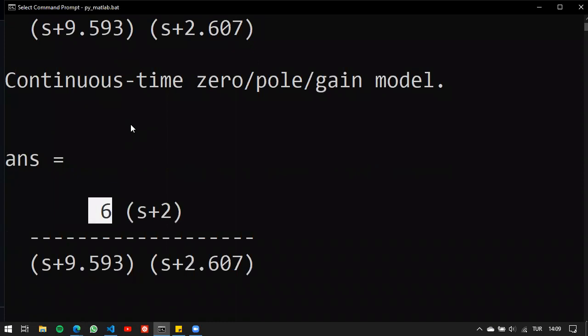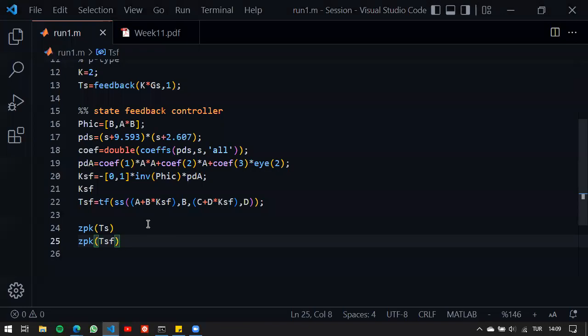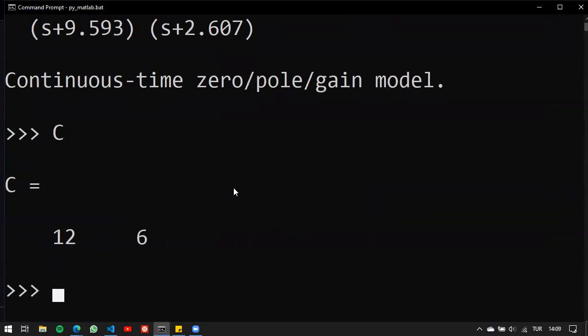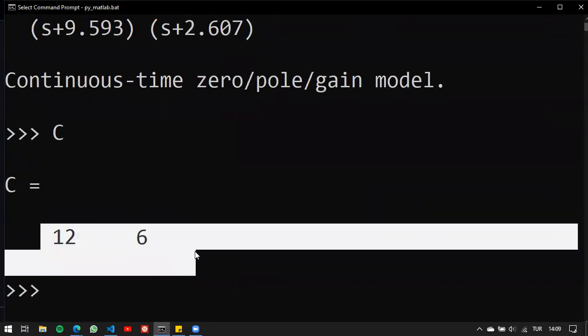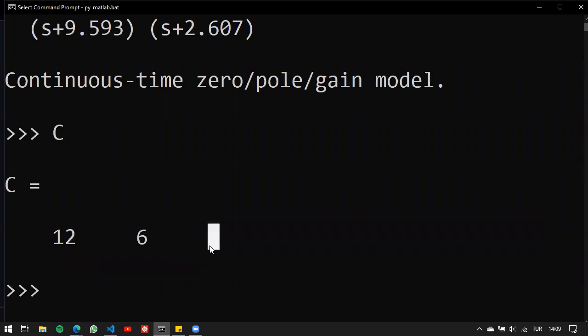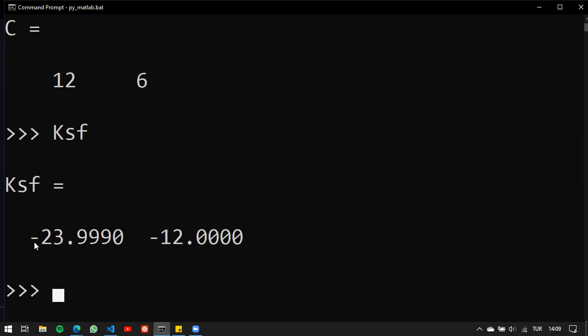So yeah, I can use state feedback instead of p-type controller, or p-type controller instead of state feedback for this set of poles, but only for this set of poles. Now, remember our C matrix here. It was 12 and 6. And our state feedback gain was roughly 24 and 12.